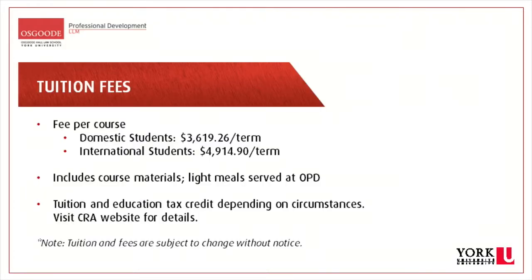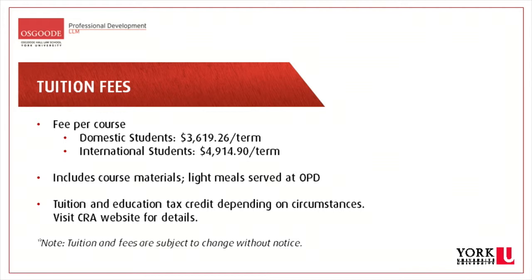The tuition fees for single course enrollment reflect the fact that you are enrolled as equivalent to an LLM student. The fee per course for domestic students is approximately $3,600. This is for a 6-credit course. And for an international student, just under $5,000 per course.